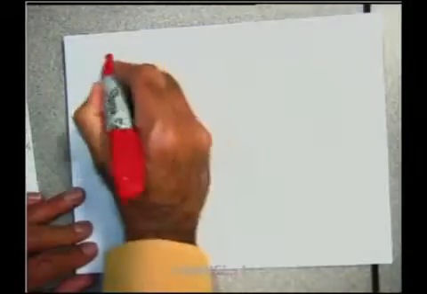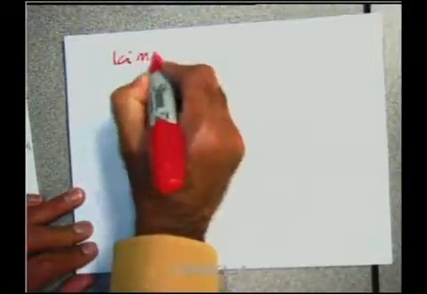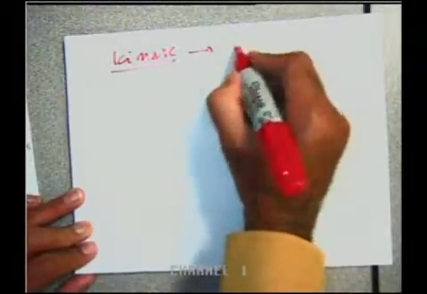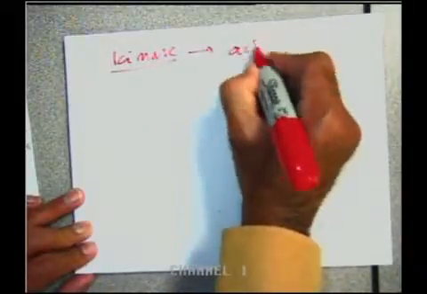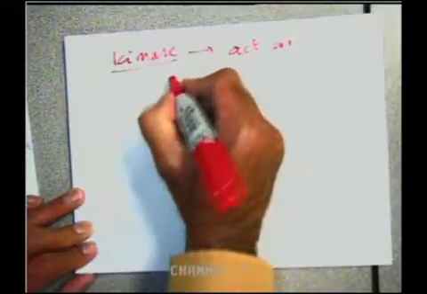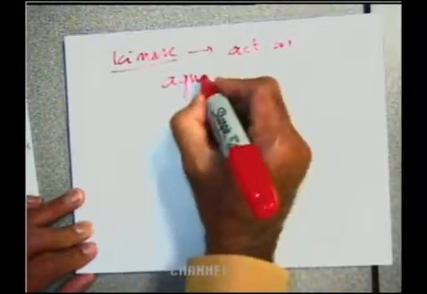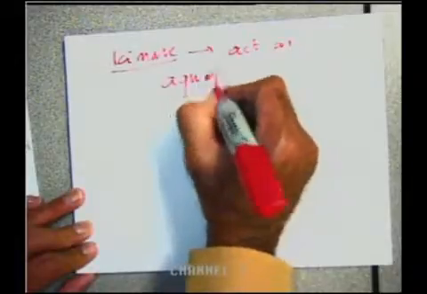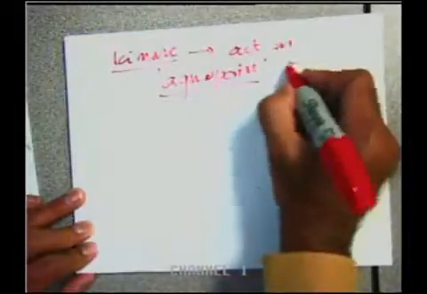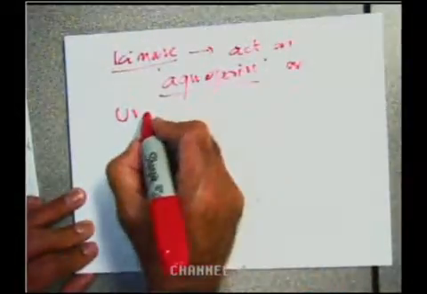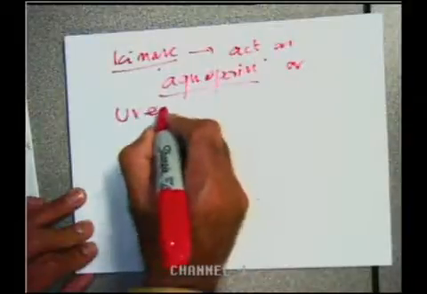So the kinases which are activated now act on aquaporin. Aquaporins transport water, and urea transporters transport the urea.